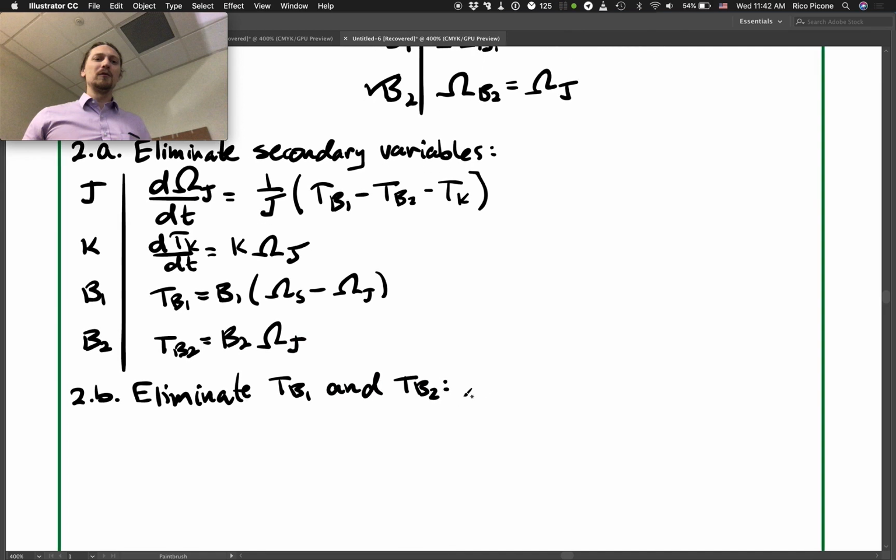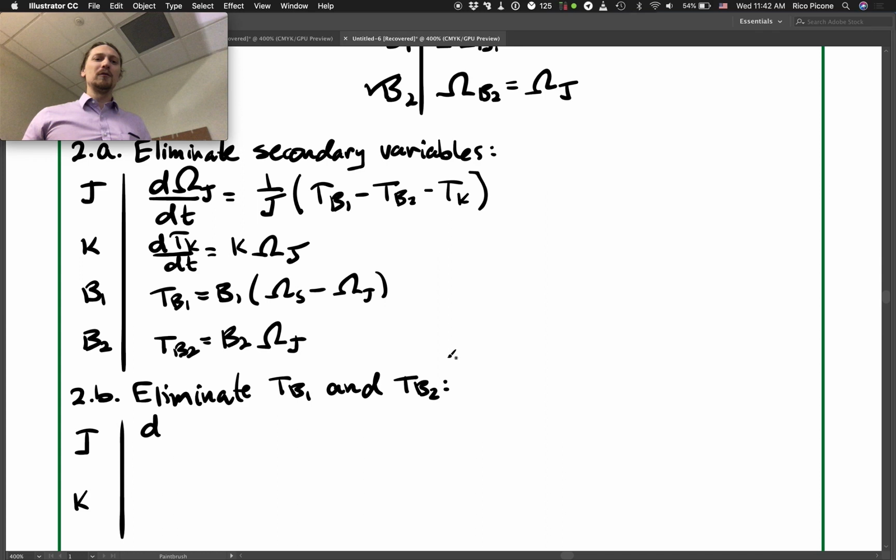We can do that by taking our J and our K elemental equations again, and substituting in these expressions down here, because we already have solutions for B1 and B2 down here. It might be something that you have to solve simultaneously, but naive substitution works a lot of the time at this point.